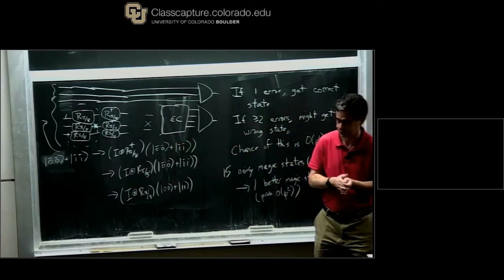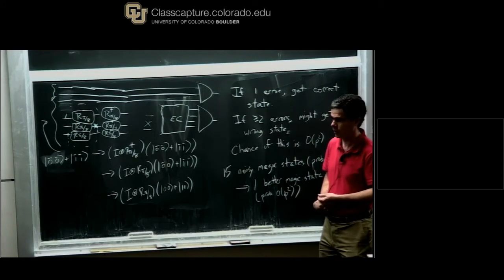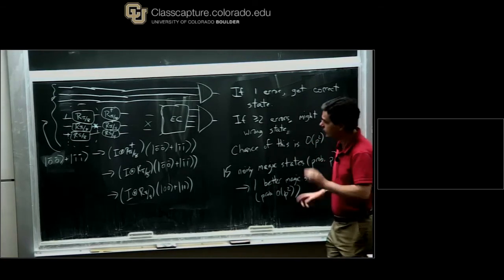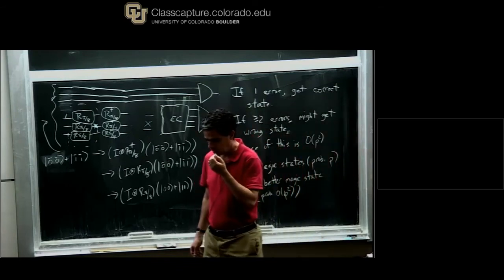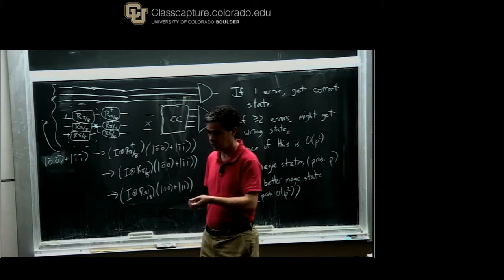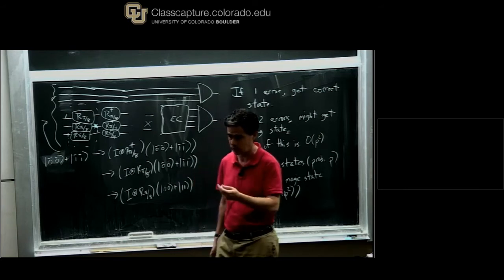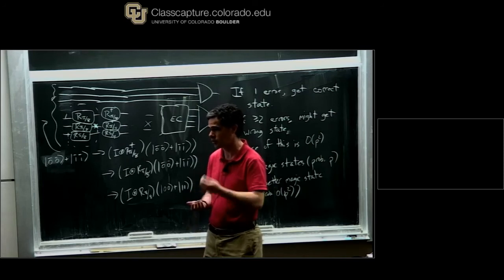Yeah? When you detect a single error, then why are you throwing it away, because we can anyway correct it? Well, yeah, so that's the thing: you can either operate this as an error correcting code, in which case when we get a 1-qubit error, we can identify what it is and correct it, or we can operate as an error detecting code, which allows us to detect 2 errors, but then we give up the ability to correct 1 error.